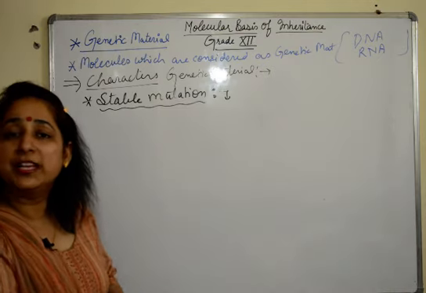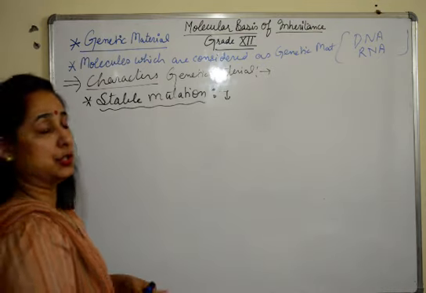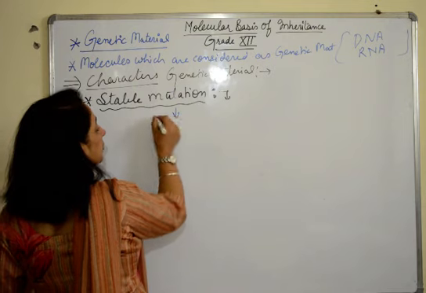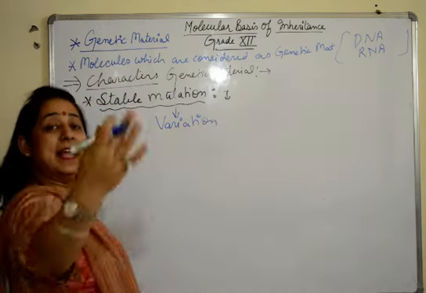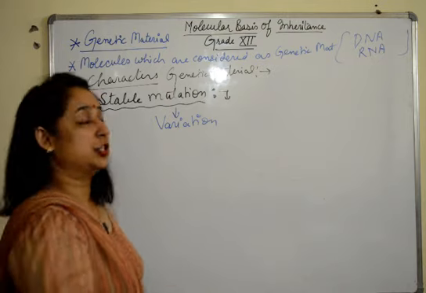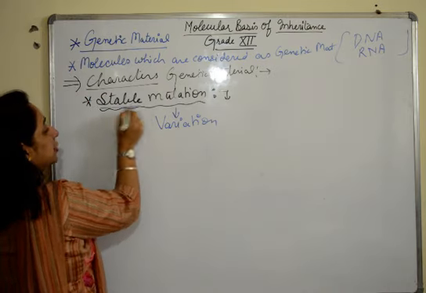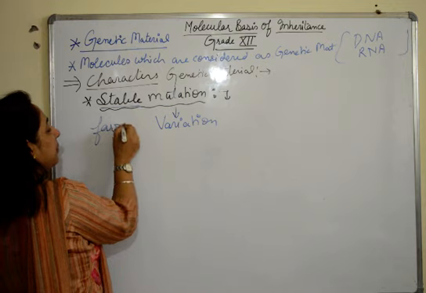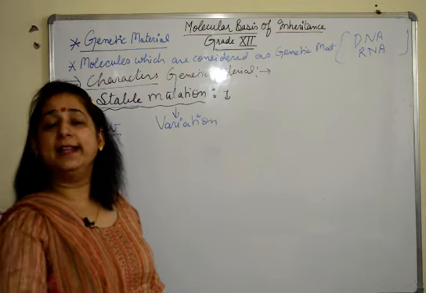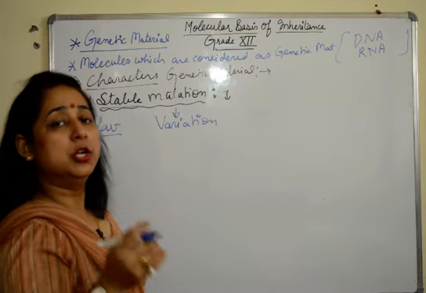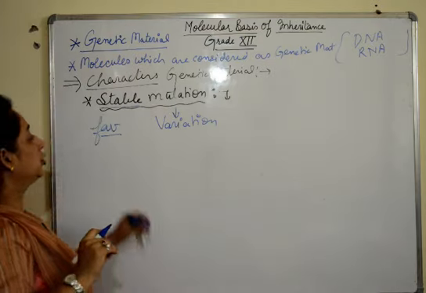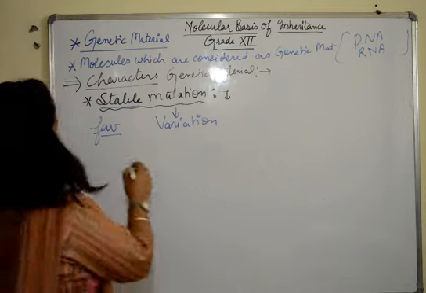Because mutations lead to variation, and they are further inherited generation after generation. If it is a stable, favorable mutation, it is going to add to the evolution of the organism. So a genetic material should show stable mutations.